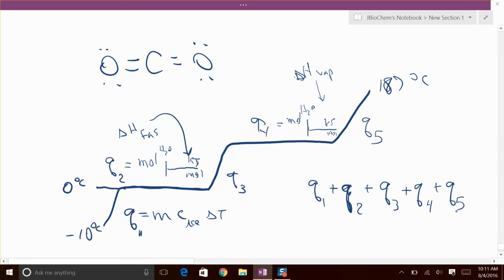Okay, so they all have to be in the same units, either joules or kilojoules, to add them together, and then in the end you're going to want to put it into kilojoules per mole, and that will give you your answer. Okay. So that's going to be the heating curves.